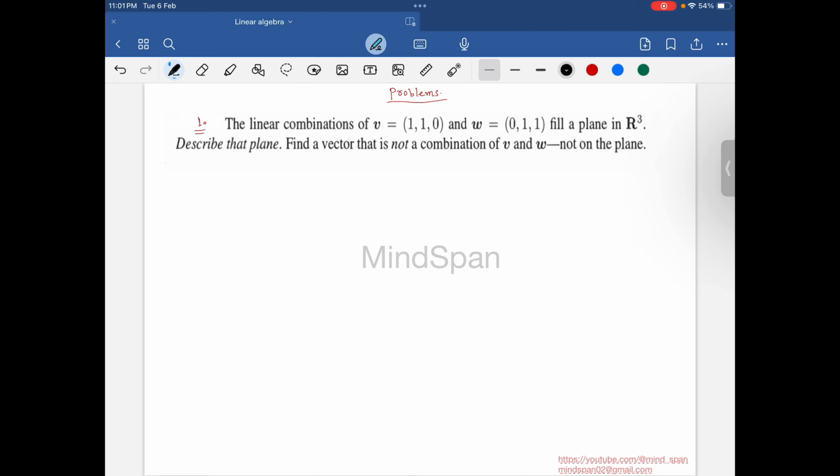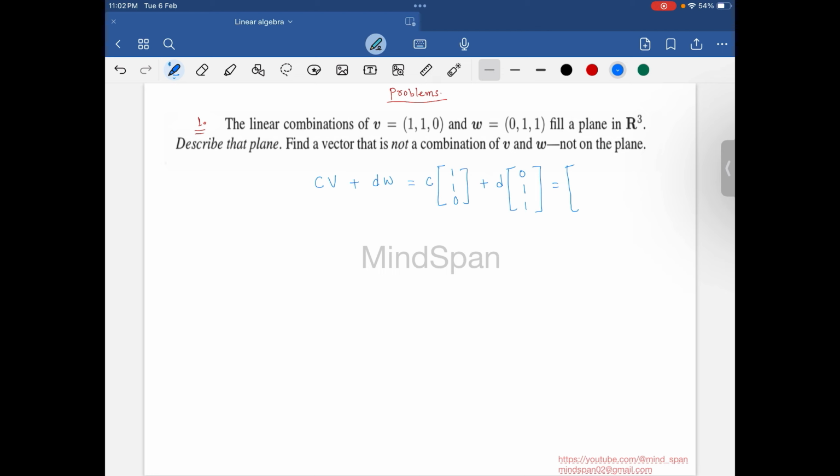So if I am asking you about the linear combination of v and w, what will you give me? You will simply multiply a scalar quantity with v and multiply a scalar quantity d with vector w, and you will add those two and give it to me, and you will say that the linear combination of v and w is this one, right? So we can write this as c times vector v, that is 1 1 0, and d times vector w, that is 0 1 1. And we have seen how to add and how to do the scalar multiplication.